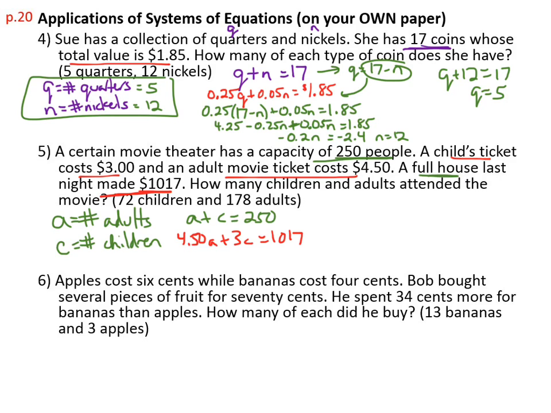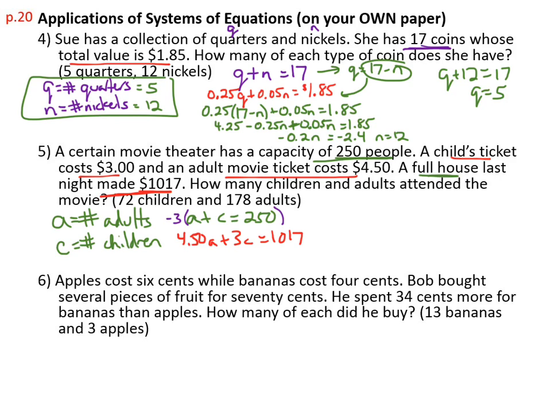So here we can use elimination, we could use substitution. We haven't used elimination yet, so let's use that one. I'm going to take my first equation and multiply everything by, let's make everything here equal to a -3.